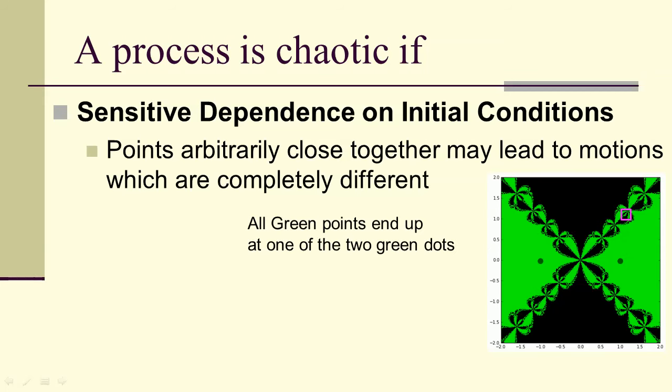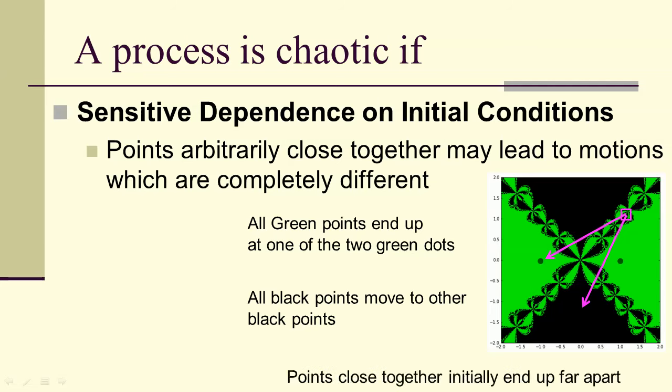But all the green points, once we iterate with Newton's method, are going to end up at one of the two green dots, 1 or negative 1. In fact, they're going to end up at negative 1. All the black points move to other black points. So even though we've got a green and a black point that are very, very close together, they end up in very different parts of the plane.